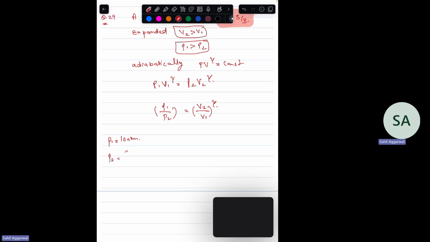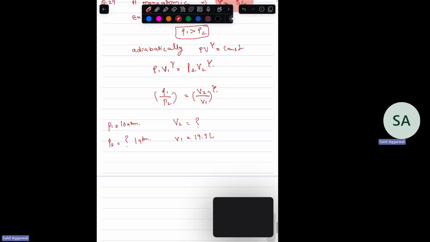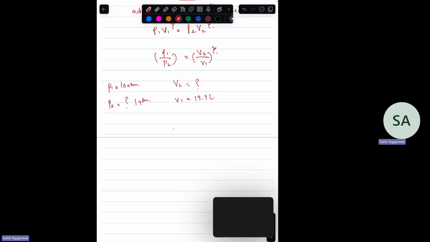P2 is not given, so let's say P2 is 1 atmosphere. V2 we do not know. V1 is 19.9 liter. If we put the values, it would be 10 by 1 is equal to x by 19.9 the power 5/3.